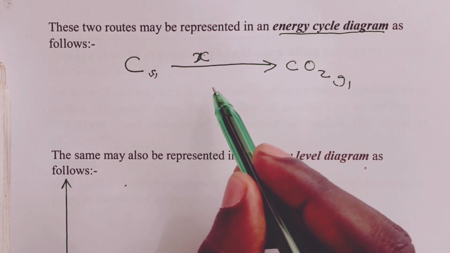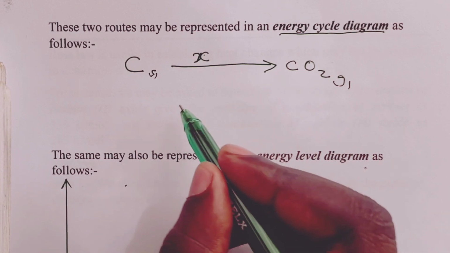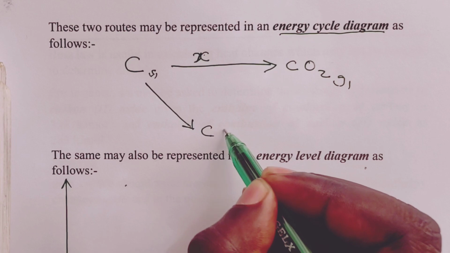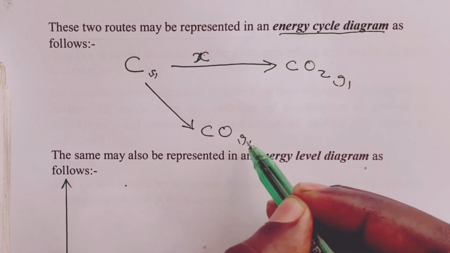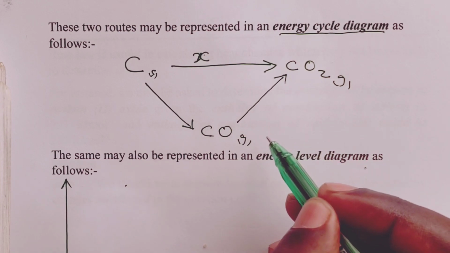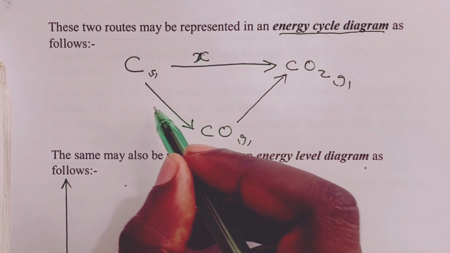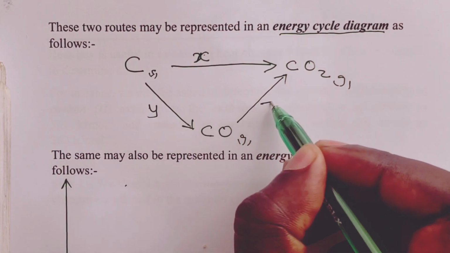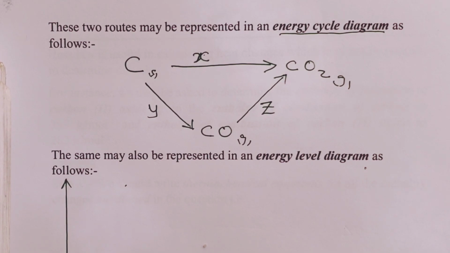If I don't want to go that direct route, I can first obtain carbon 2 oxide, which I oxidize further to my final product of carbon 4 oxide. So here we have Y kilojoules of energy, and here I have Z kilojoules. That becomes our energy cycle diagram.